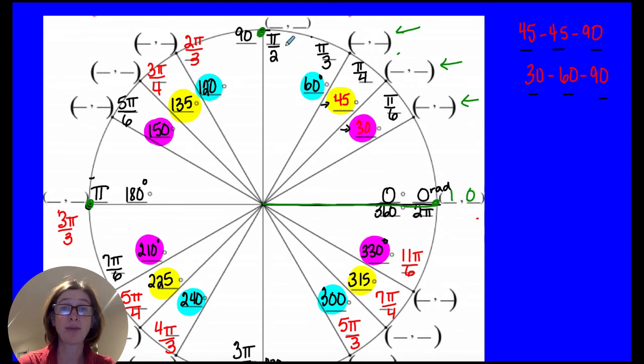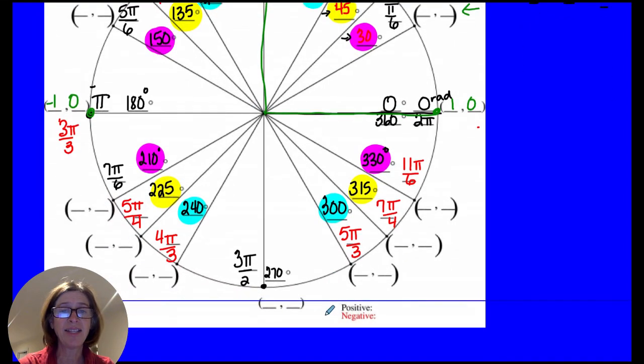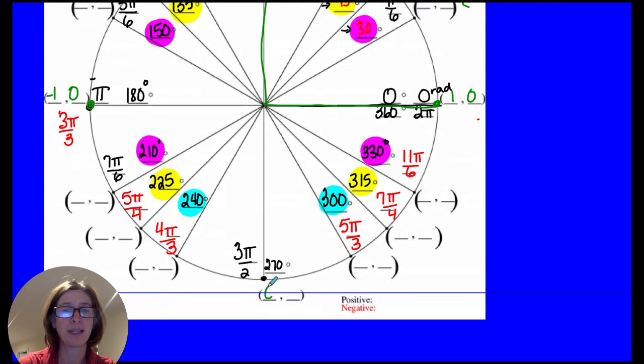If I go up to the pi over 2, well, if this length is 1, because it's the radius, then this would be 0, 1. And over here would be negative 1, 0, because I've gone onto the negative x-axis. And then down at 3 pi over 2 would be 0, negative 1. So those values you're going to have to know.